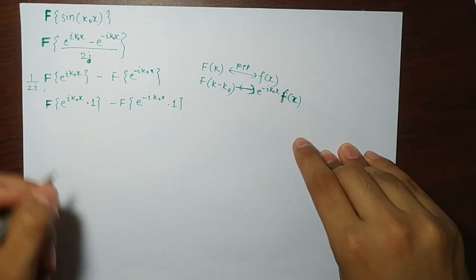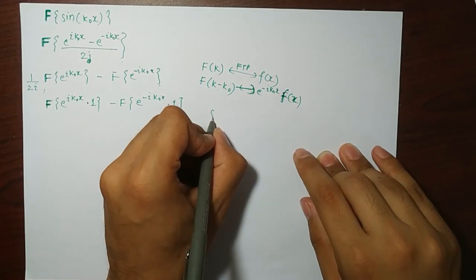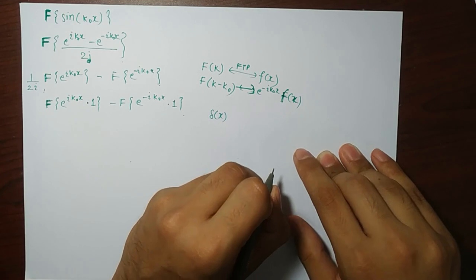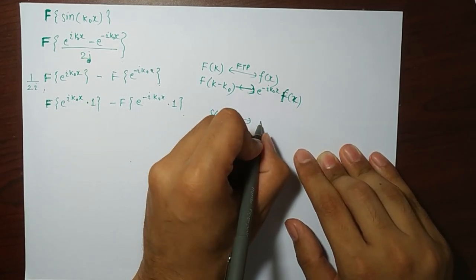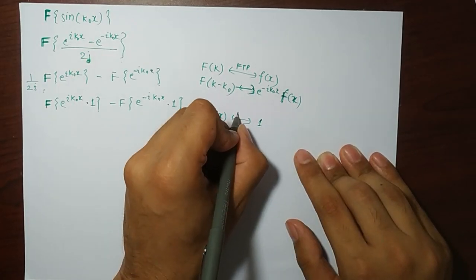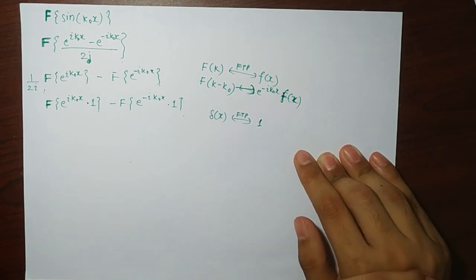We have just seen that delta of x and 1 are a Fourier transform pair. Fine.